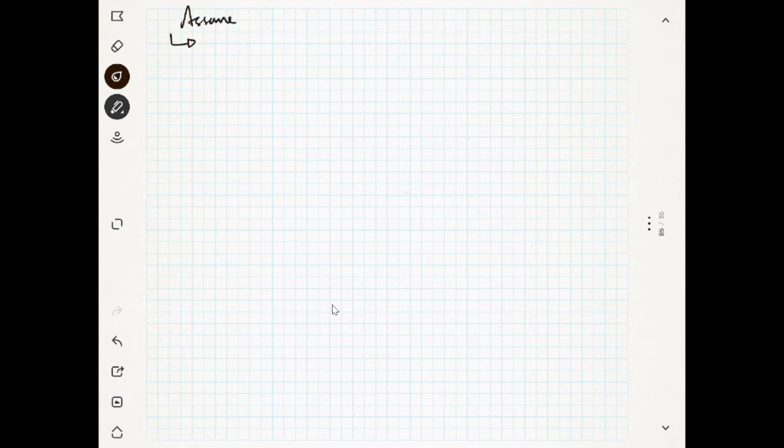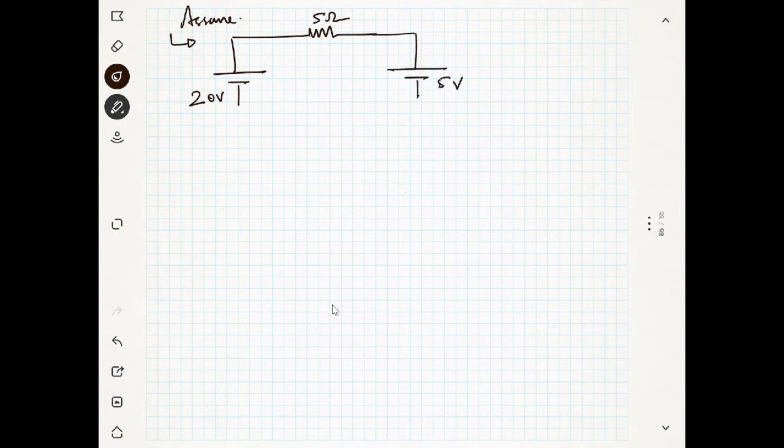I will just assume a circuit. You have a circuit like this, a 20-volt battery, and you have a resistance of 5 ohm, and you have something like 5 volt, and this is connected like this.